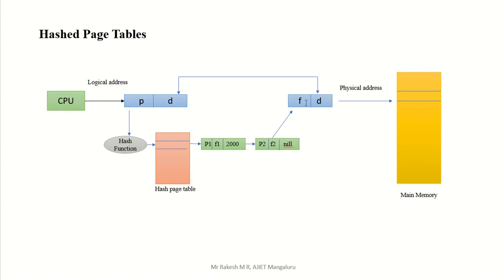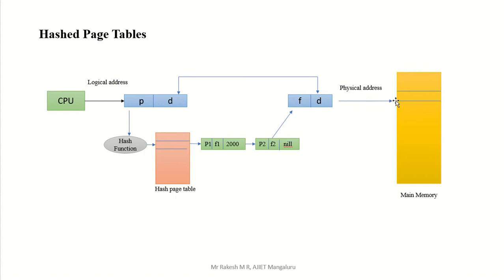The physical address contains your F2 and the frame size, or frame offset. What is the size of your frame? That is D, which is always the same as the page size, and that is called a physical address. Frame and your offset are sent to your memory.